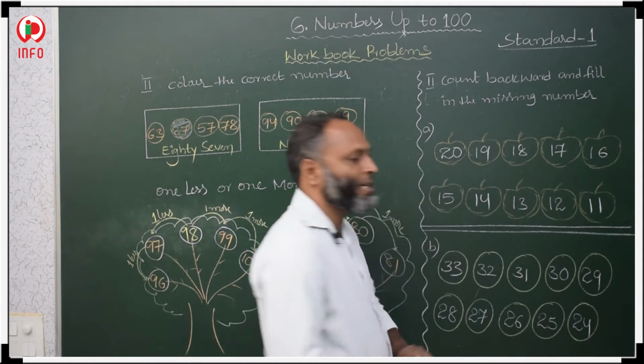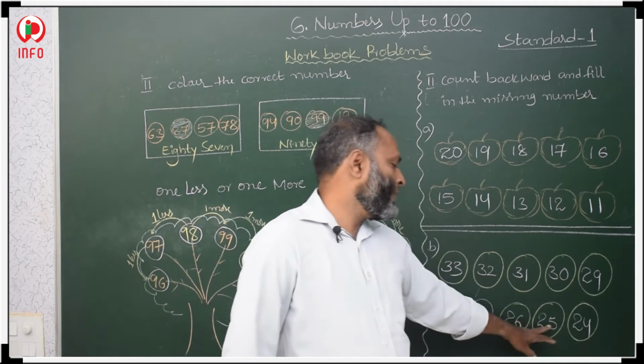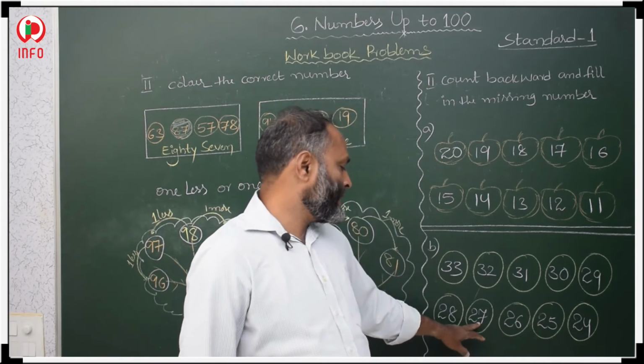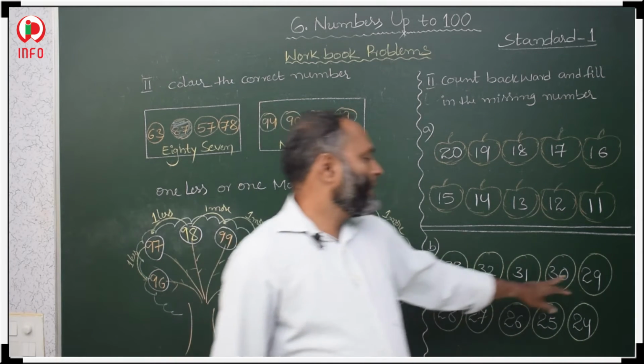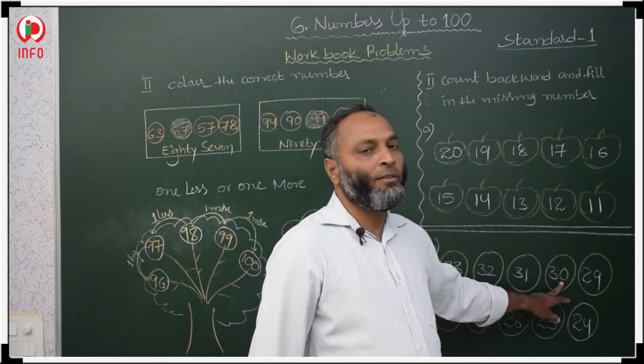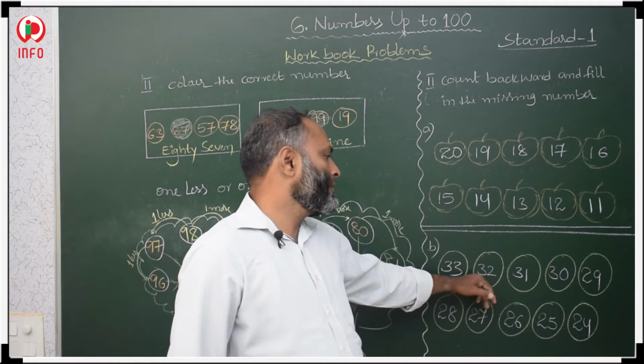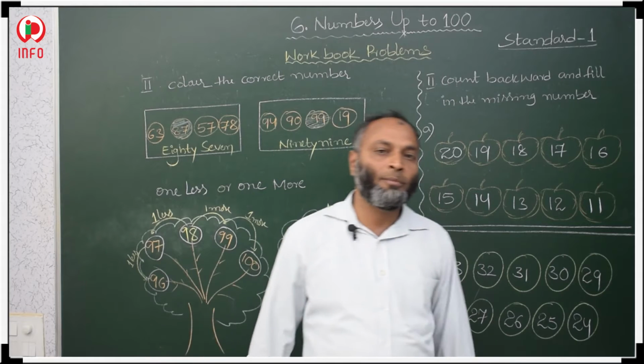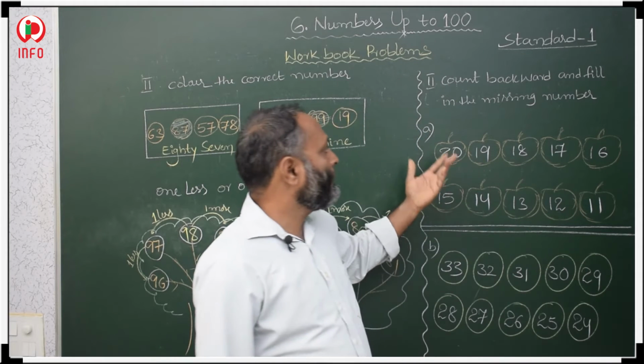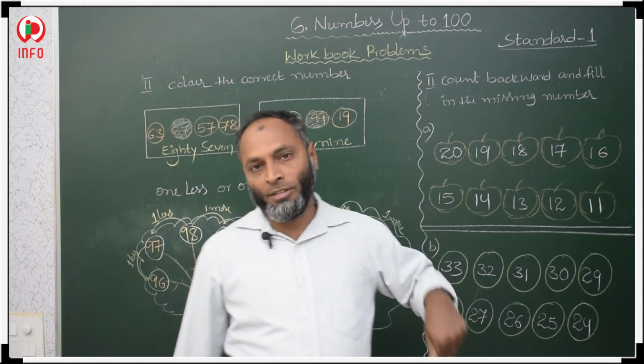Okay. Now you check your answer. 24, 25, 26, 27, 28, 29, 30, 31, 32, 33. So here backward means we have to write the before numbers.